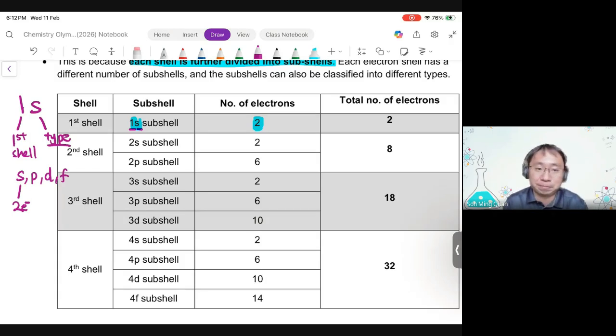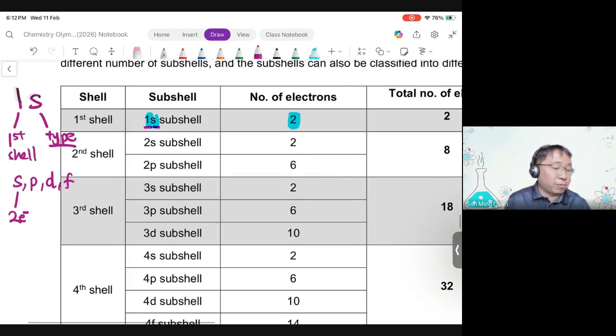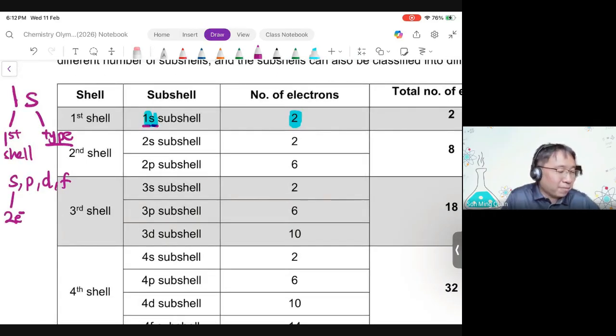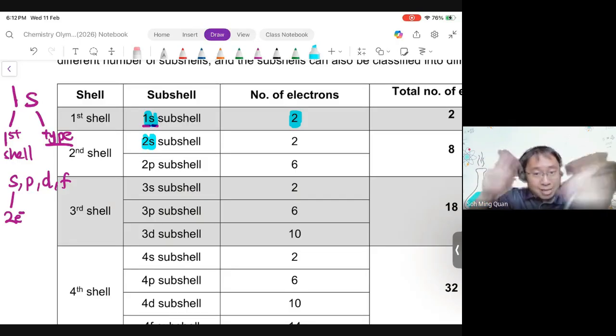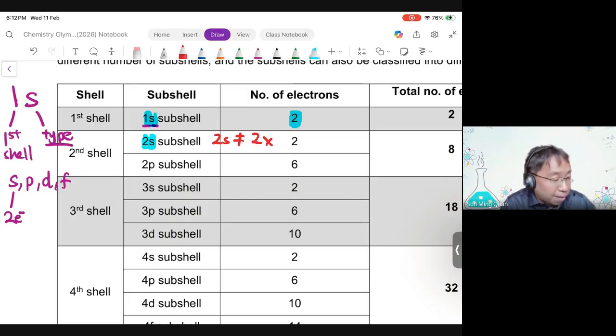Now, the second shell is where it gets a little bit more exciting. We have the 2S subshell. 2S, does it mean 2 times S? No, it's not 2 times S. No, no. 2S is not 2 times S. It's not multiplication here. Remember, the number in front refers to which shell it is from.